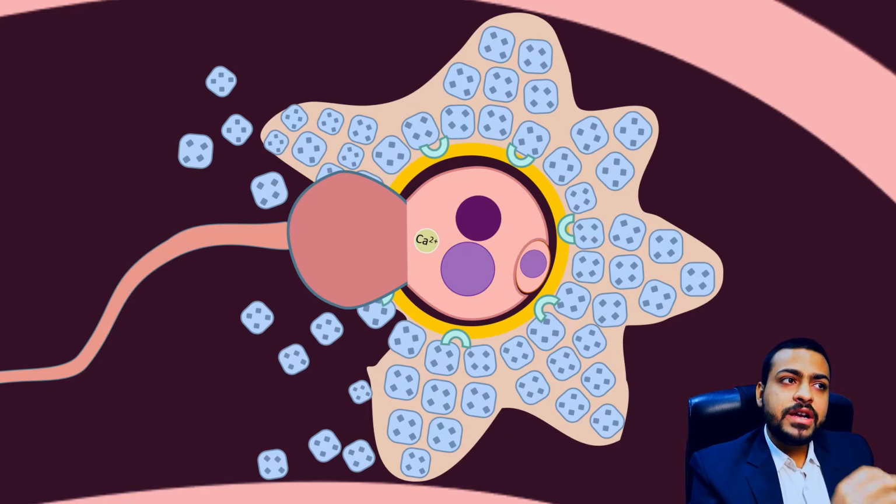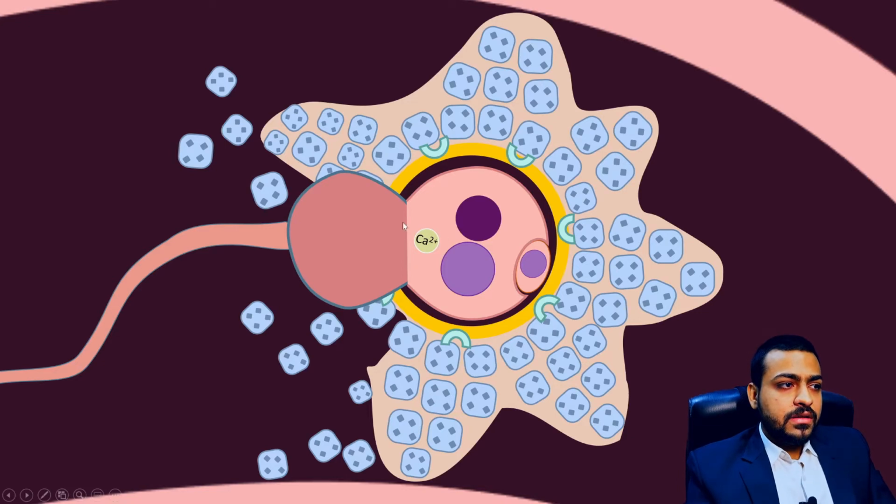And that is why mitochondrial diseases are transmitted not from the father but only from the mother, right? So the mitochondria and tail are destroyed, but the nucleus is quite needed here, and calcium comes in.